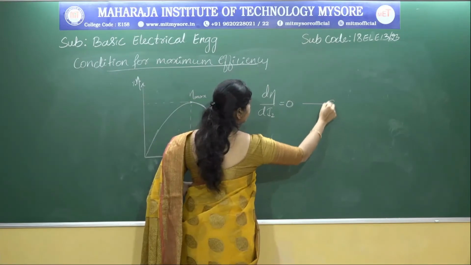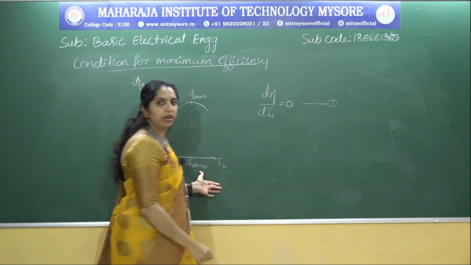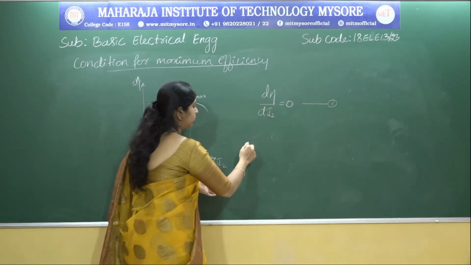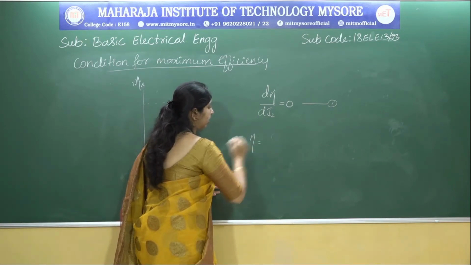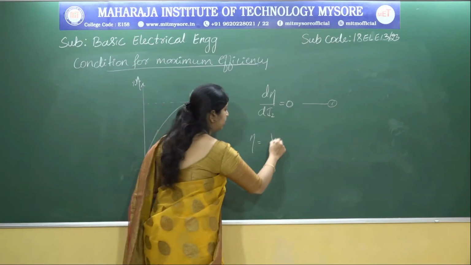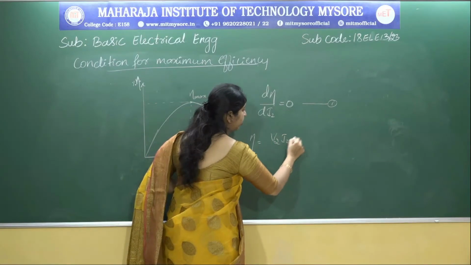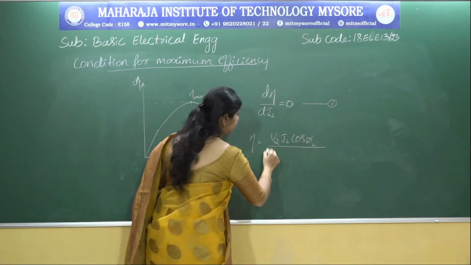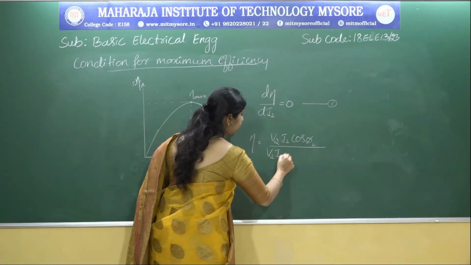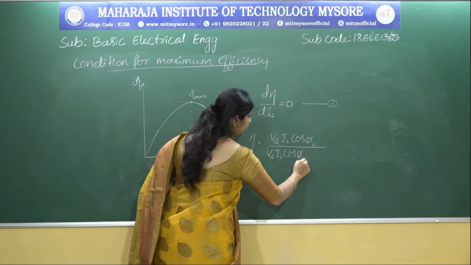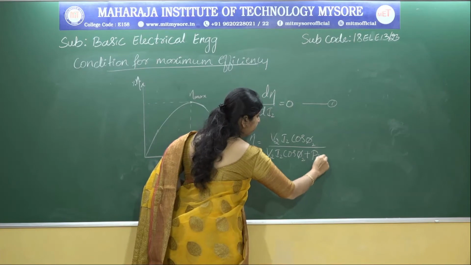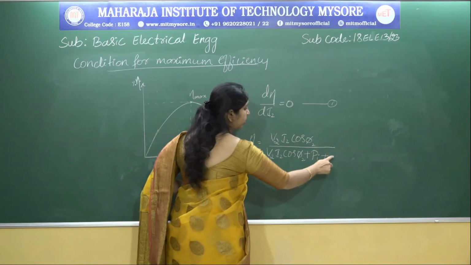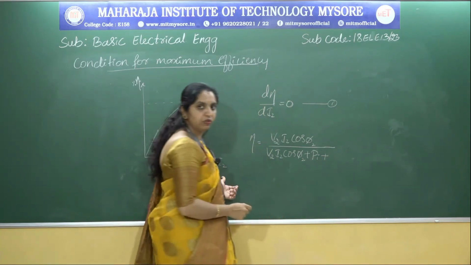Let us call this equation 1. Before substituting, let us write the eta value again. Eta is V2 I2 cos phi 2, divided by V2 I2 cos phi 2 plus Pi plus PCU full load.